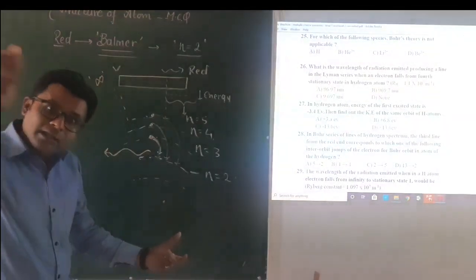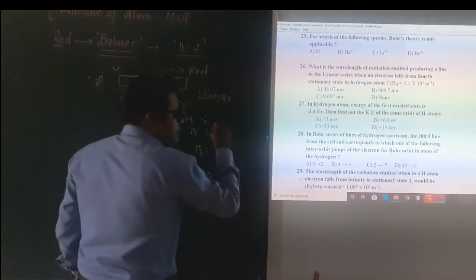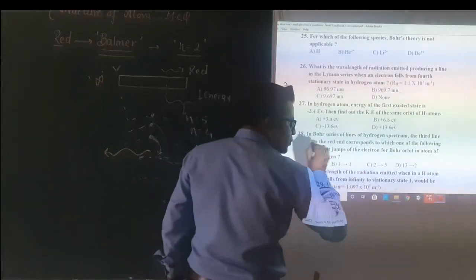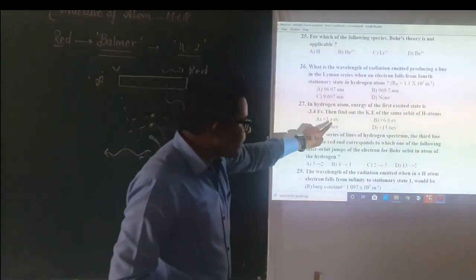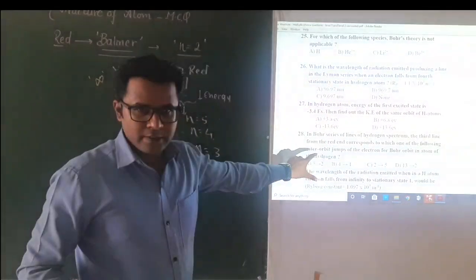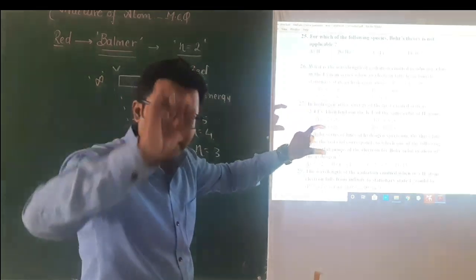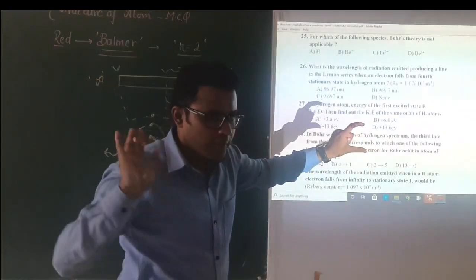Applying the same concept here, you can neglect 4 to 1 and 2 to 5 because they are speaking about the Balmer series. Balmer series is formed when the de-excitation takes place from a higher orbit to n is equal to 2, right?